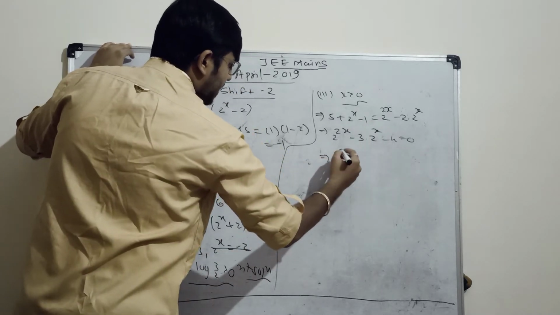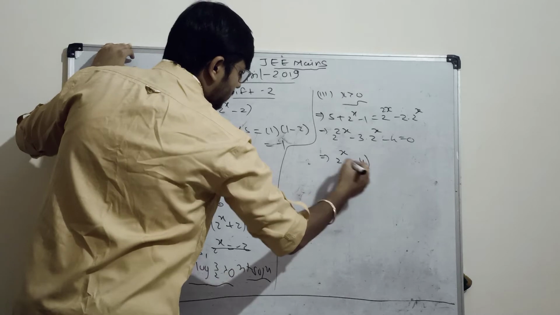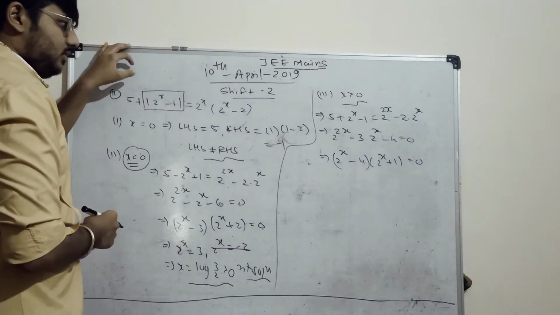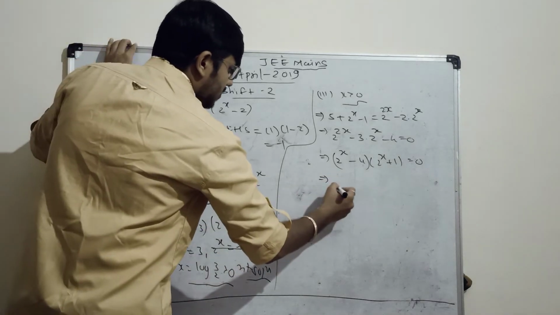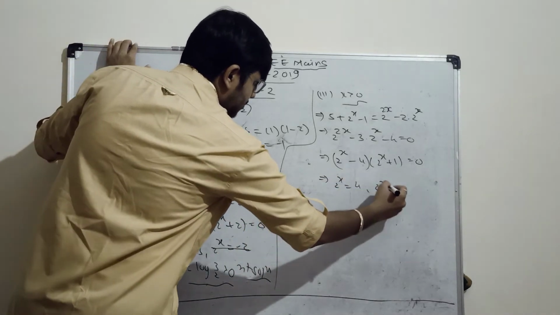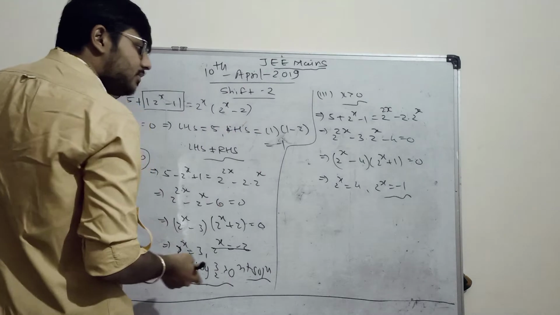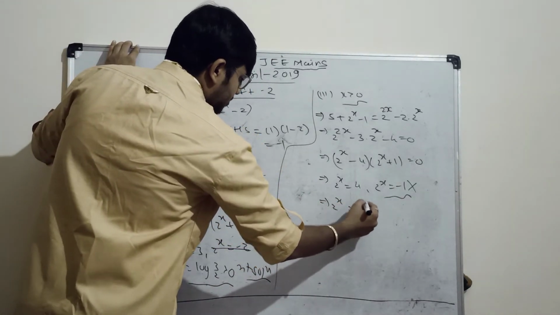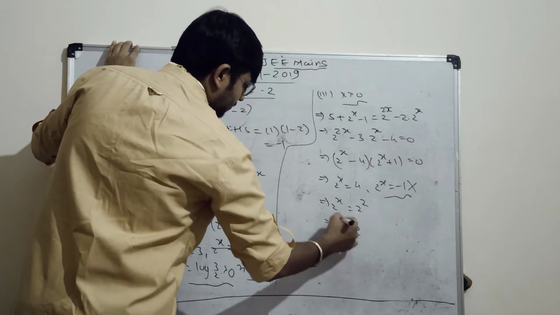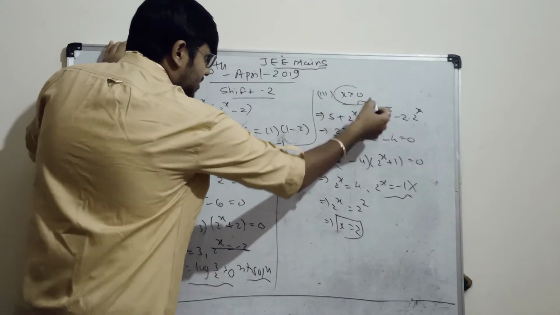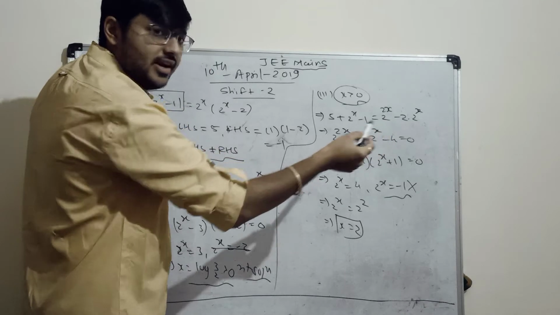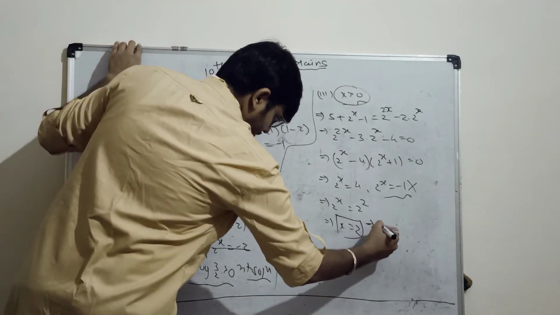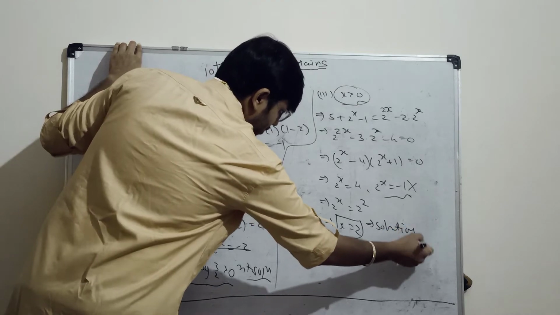So now the factors are 2 raised to x minus 4 and 2 raised to x plus 1 equals 0. So now 2 raised to x equals 4 and 2 raised to x equals minus 1. This again is not possible, right? So 2 raised to x equals 2 square, hence x equals 2. And as the condition of x we have assumed is greater than 0, and 2 is also greater than 0, so this will be your solution.